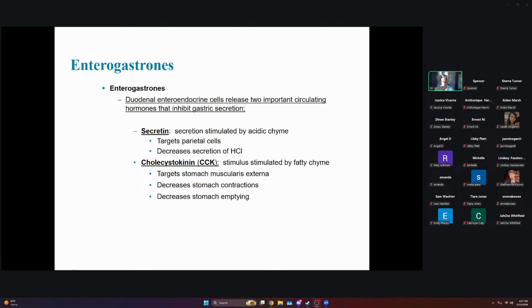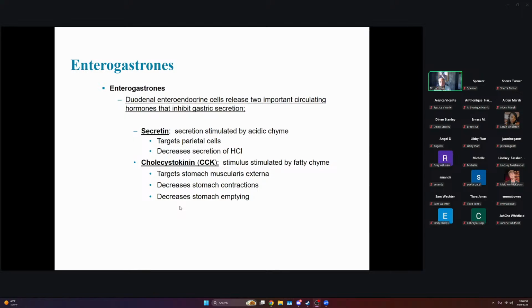So when that chyme is coming out at a dangerously high level of acid, secretin is going to be released from the duodenal cells and send a signal to target the parietal cells of the gastric pits again to slow down or stop the production of hydrochloric acid, to bring the acid levels down so the chyme emerging out of the stomach into the small and large intestine isn't quite as acidic, and there isn't the risk of damage to the walls. So that's related to the pH of the chyme and secretin's involvement.